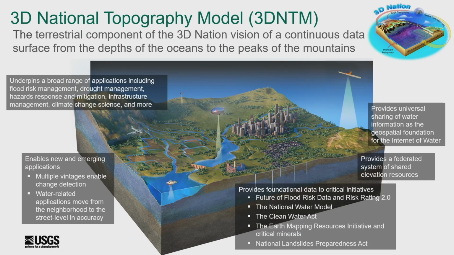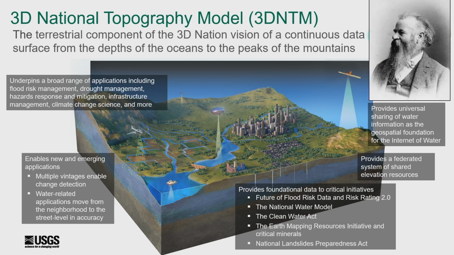And eventually the big goal is to have this national topography model, the 3D NTM, which is going to integrate not only hydro and elevation, but also bathymetry and groundwater and stormwater systems and things that all affect the water cycle. So that is kind of the big picture that we're hoping comes from our friend John Wesley Powell.